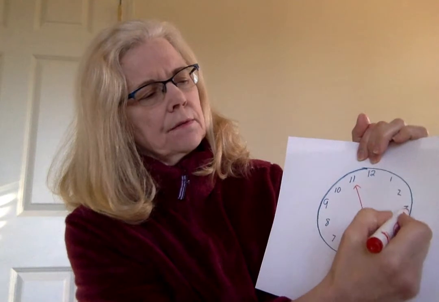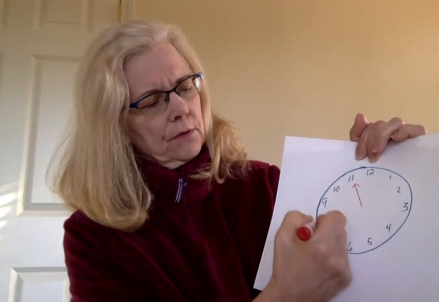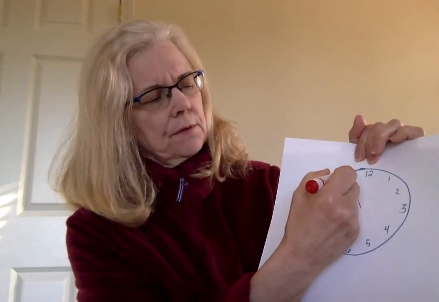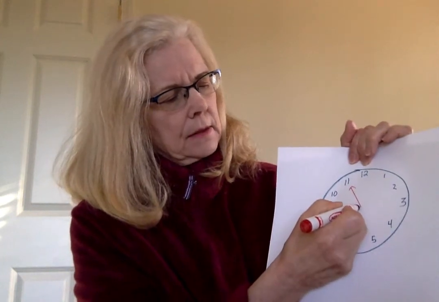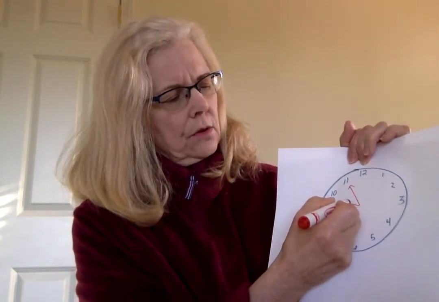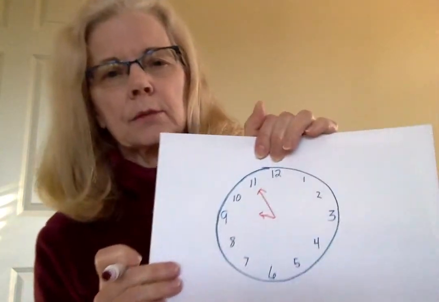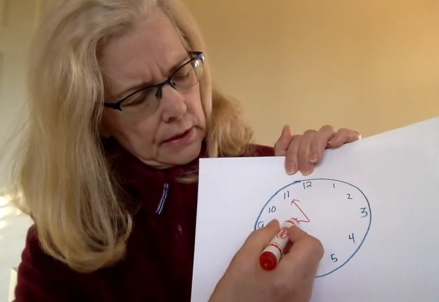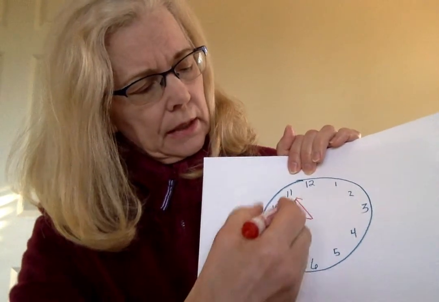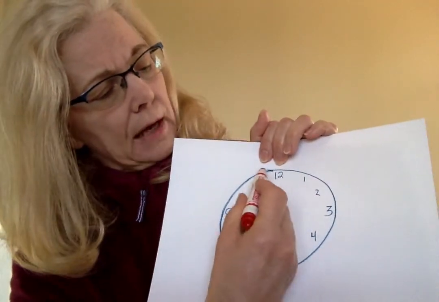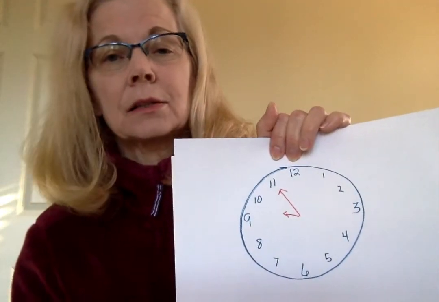See, 5, 10, 15, 20, 25, 30, 35, 40, 45, 50, 55. And this is almost to the 10, but not quite. So this is still near 9, so we say 9:55, and in 5 minutes, it's going to be 10 o'clock.